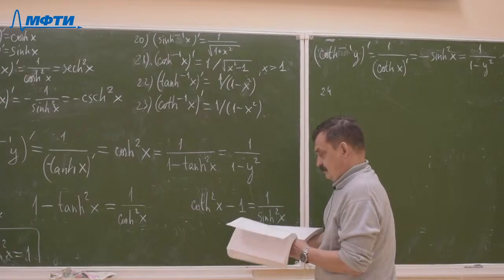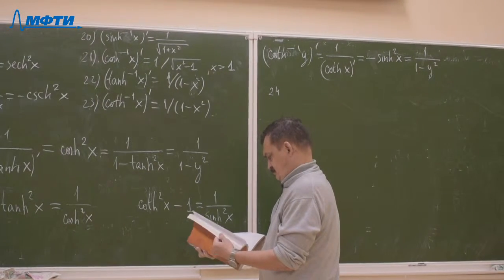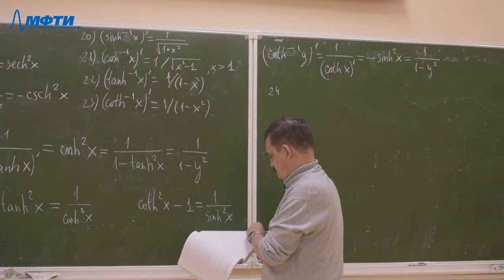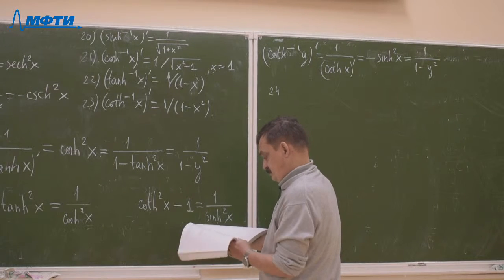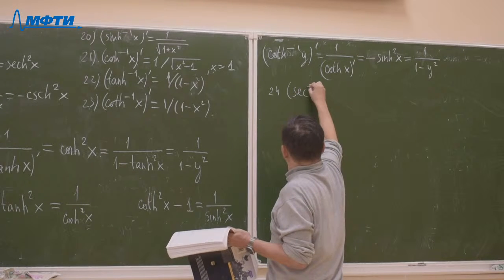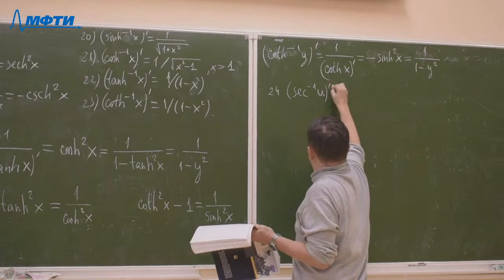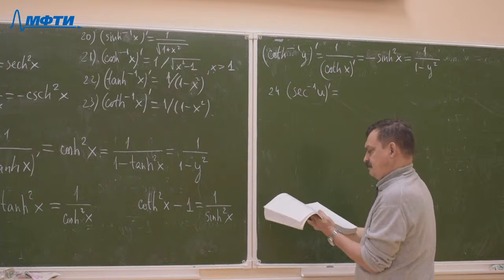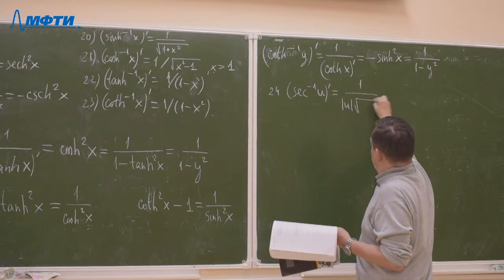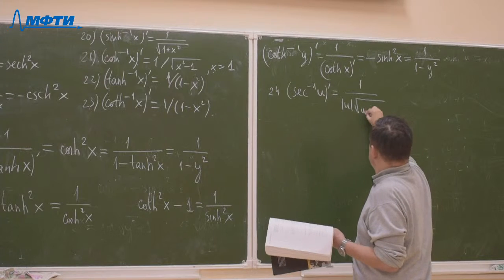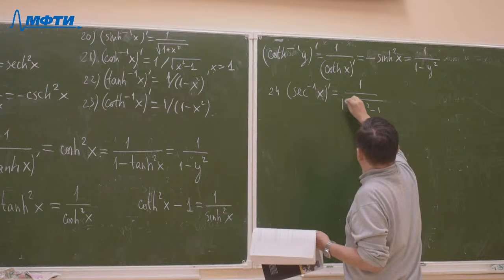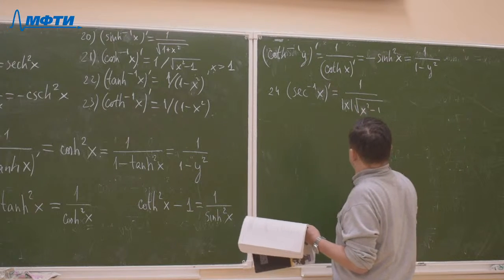Okay, maybe I can write also number 24. Secant minus 1 u is 1 over modulo u square root of y squared minus 1, okay, maybe x squared minus 1.